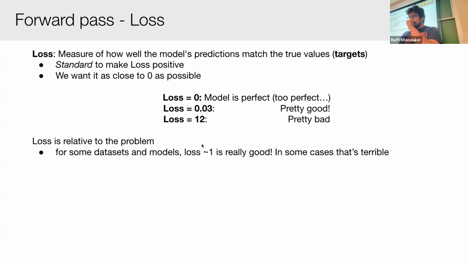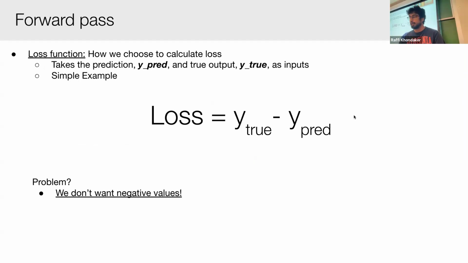And again, what a good loss value is depends entirely on what your data set looks like and what your loss function is. So honestly, in some cases, maybe a loss of 12 is pretty good. It depends totally on your data set. But a loss of 0 is always the standard. We never want a negative loss. That just gets confusing. Okay.